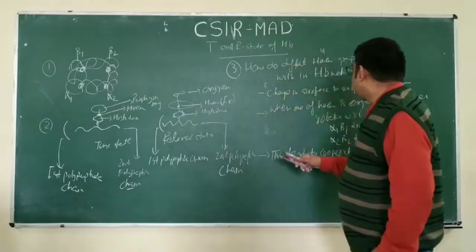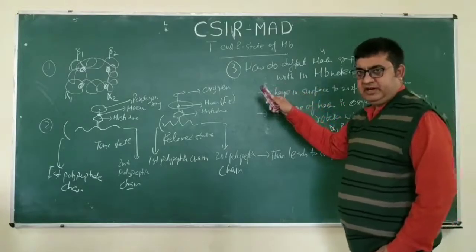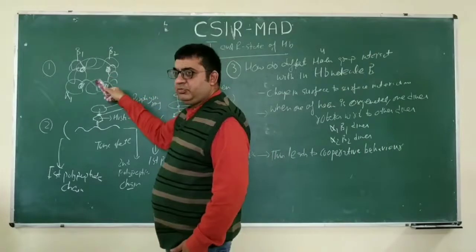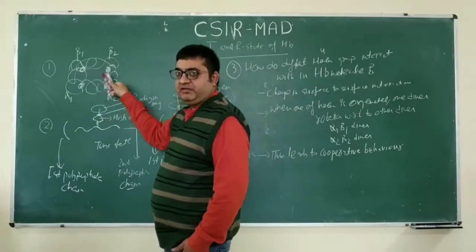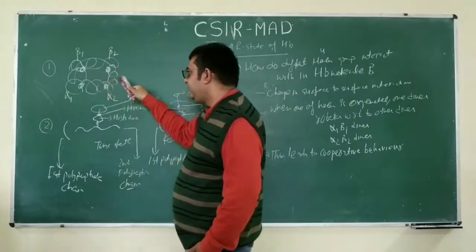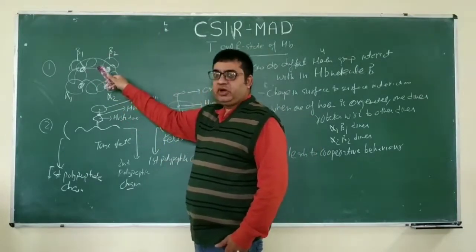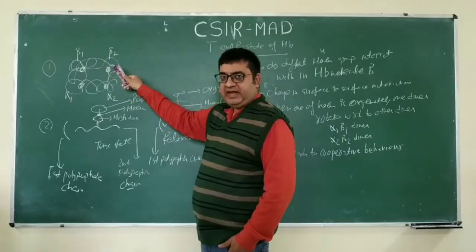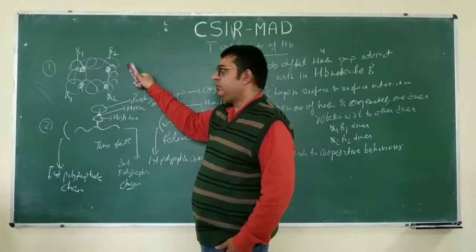Now, so how do different heme groups interact with each other? We see these are four heme groups which have lot of distance between them. There is no physical contact with them, but it is practically seen when one of the oxygen molecules binds to one of the heme group, it increases the affinity of the second heme group to bind to the oxygen molecule.